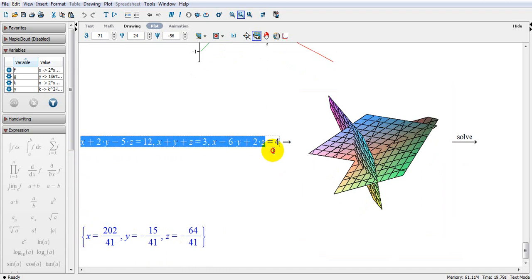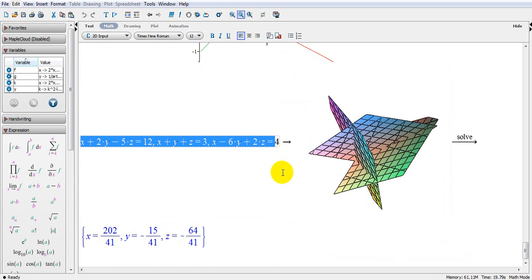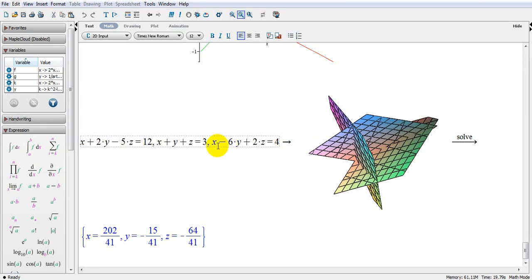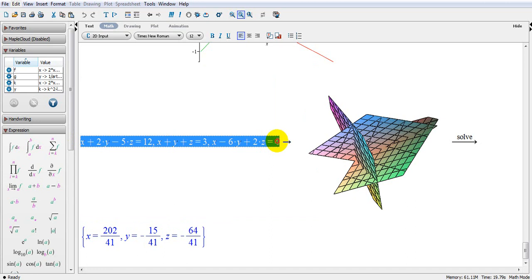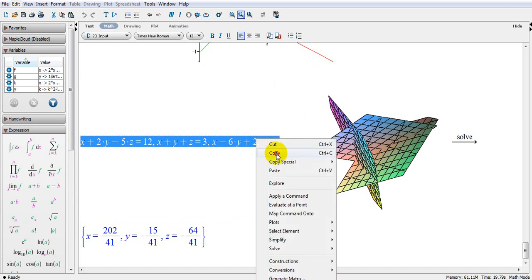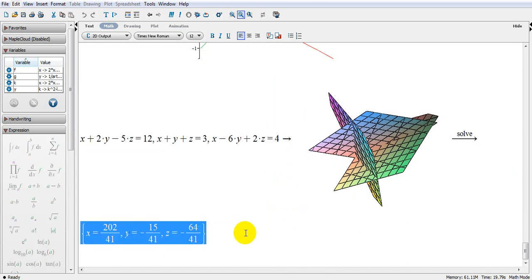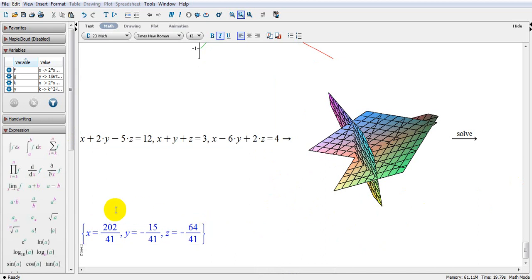Now of course this is a simple example, but you can have more than three equations and three variables, and it could be more interesting and complicated, even non-linear. So let's just copy and paste this equation here, right click, paste.